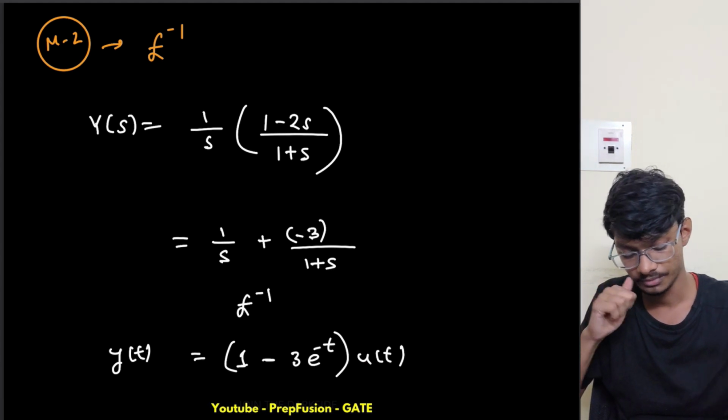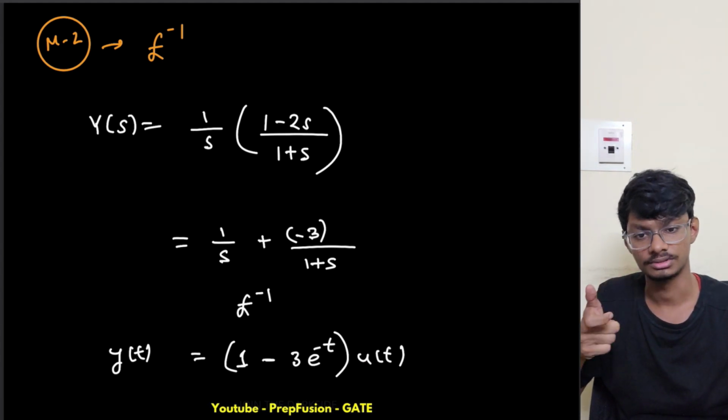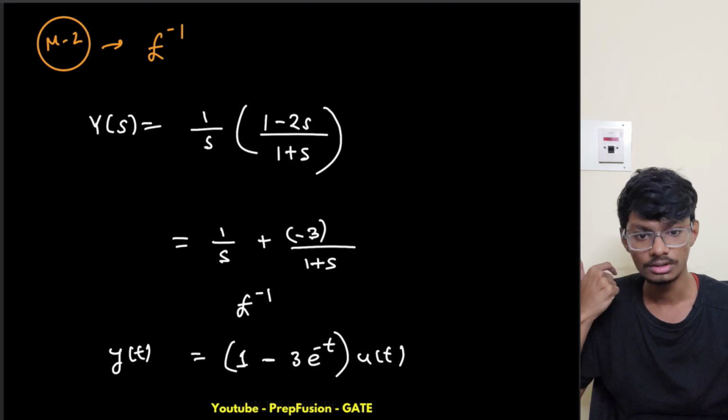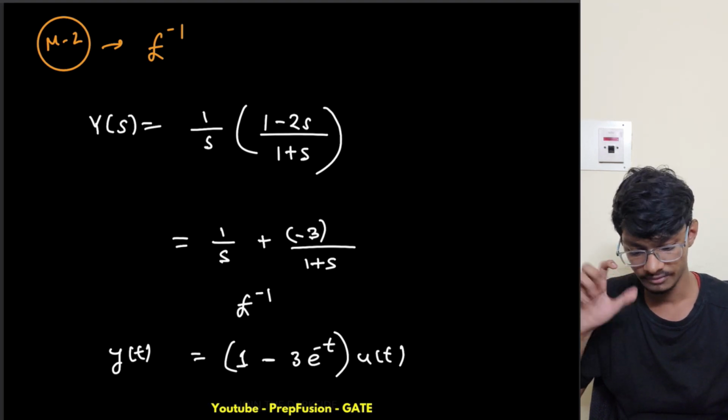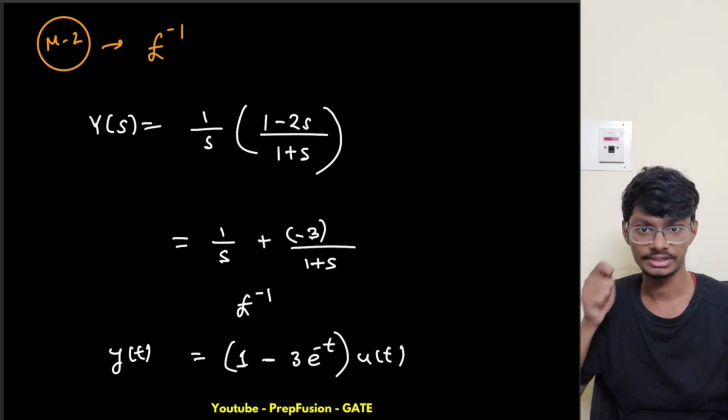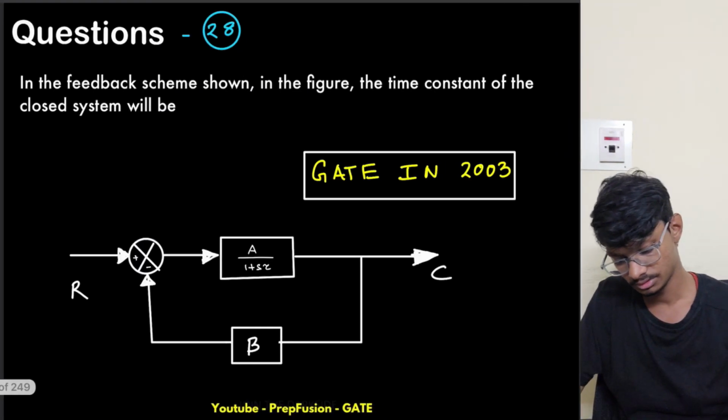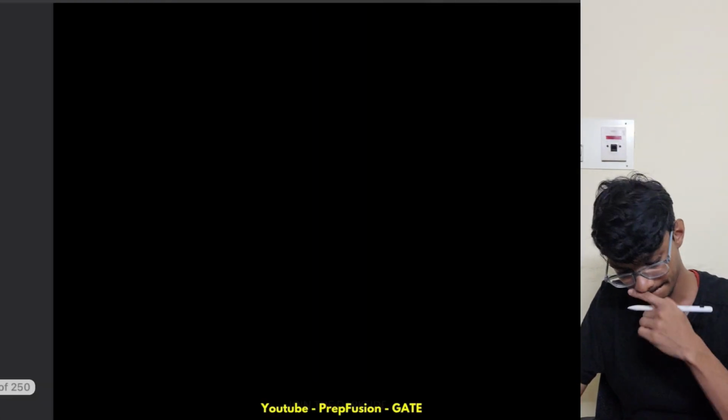Okay, so is there any other method for solving this question? The other method can be simply finding the impulse response in the time domain, then integrating it, right? Okay, I don't have space.